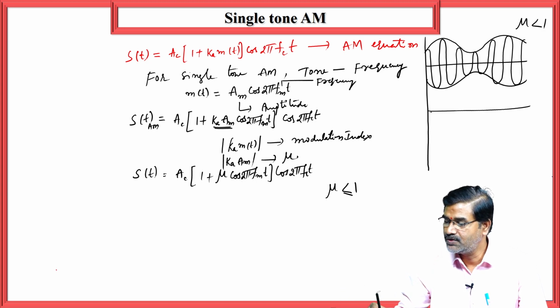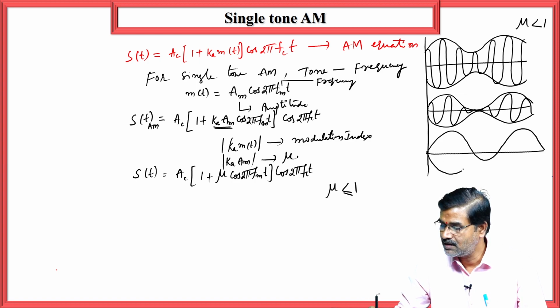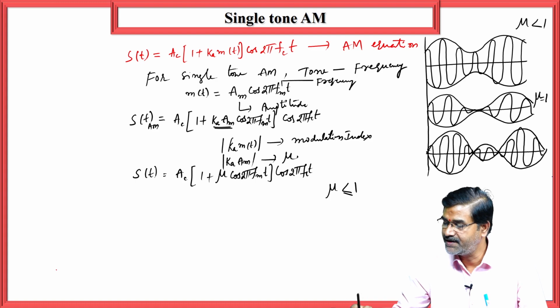If mu is equal to 1, this will be the modulated signal for single tone. We call this exact modulation. And if mu is greater than 1, the envelope will cross the axis, and this will be the modulated signal for mu greater than 1.